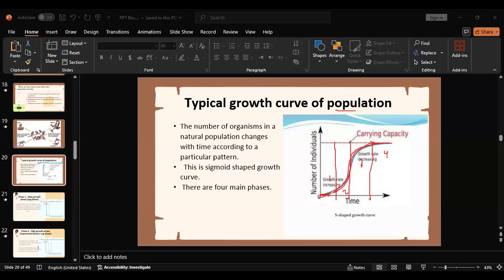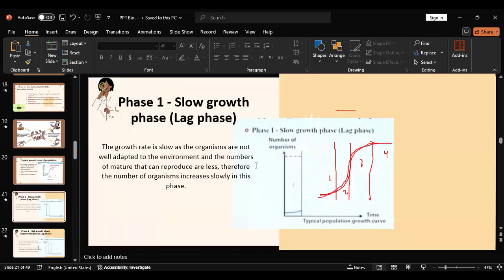Okay, let's see why it is increasing here. Here it is rapidly increasing, here slightly decreasing. After that, it is getting stable, right? Why is it showing the sigmoid shape? Let's see now. Okay, right. You may see the phases, each and every one.